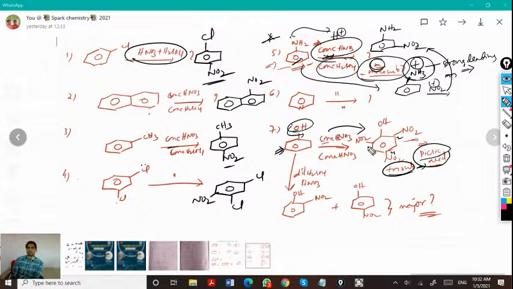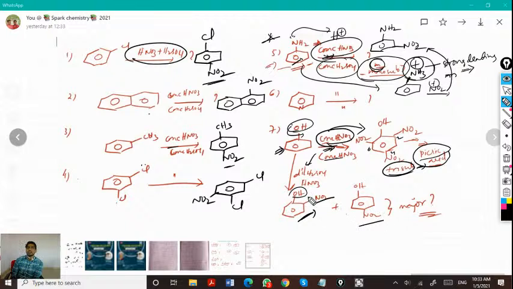To make it less substituted, or to decrease the availability of the NO2 plus electrophile, we must use dilute acids instead of concentrated acids, so that mono substitution can take place. When it is mono substitution, the OH group is an ortho and para directing group, so it can direct to the ortho or to the para.